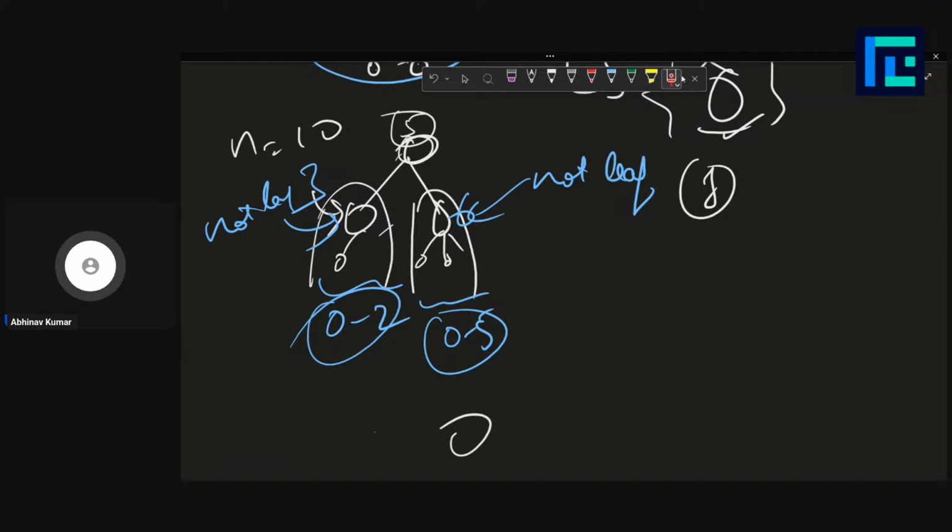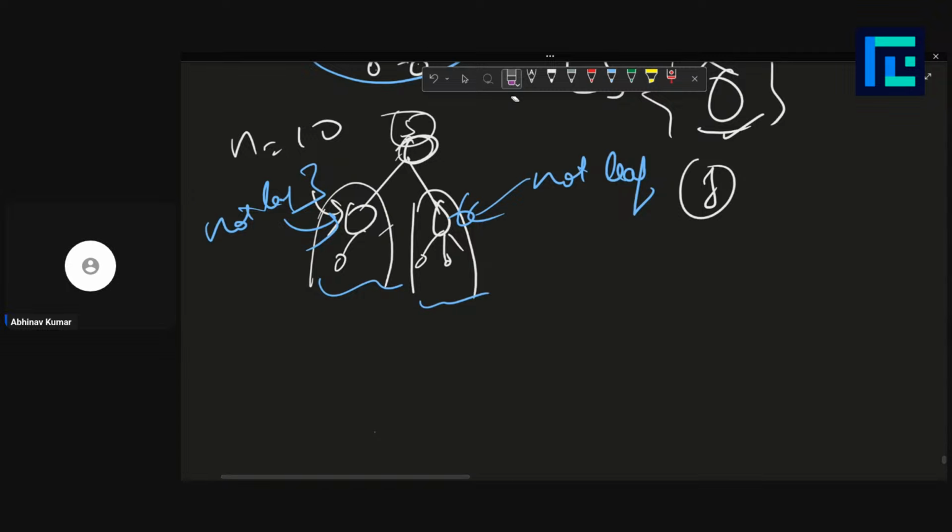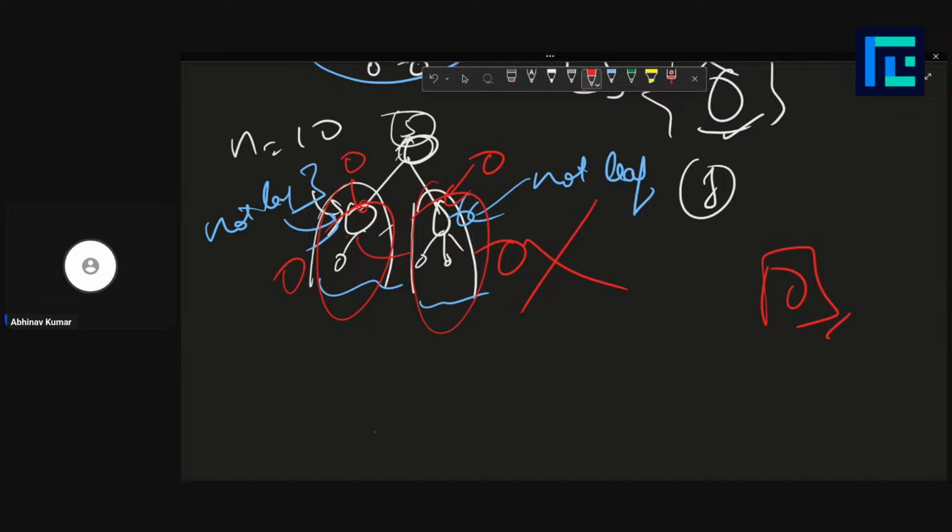Then if you have 0 somewhere in this, this node would become 0. So you have 2 times 0. And if you have a 0 anywhere here, this node would become 0. So you have 2 times 0. That means this case is also invalid. Here also you cannot have any valid assignment. So the answer would be 0, no valid assignment exists.